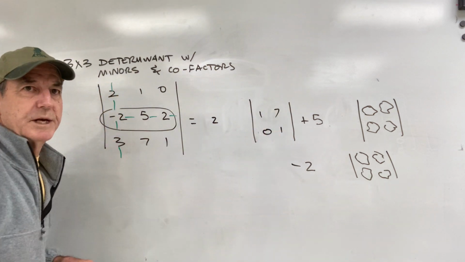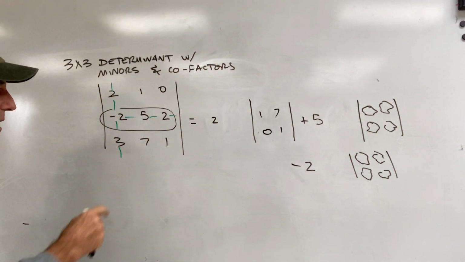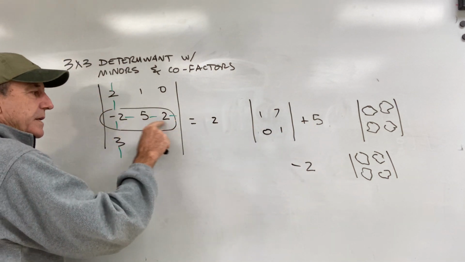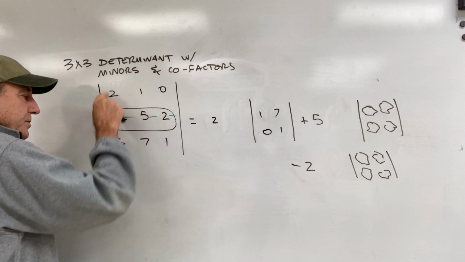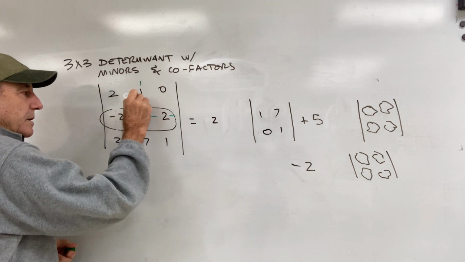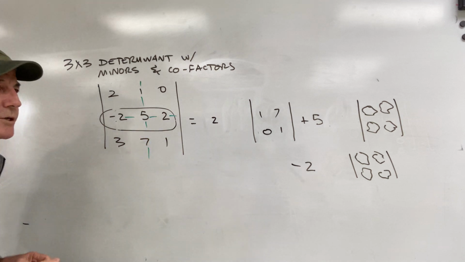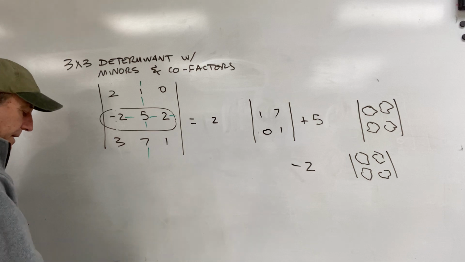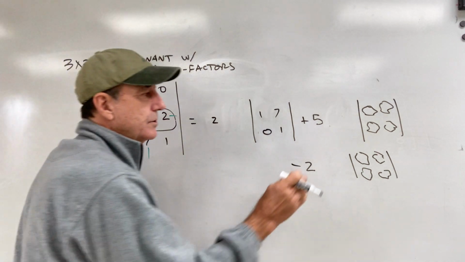So we have 2 times that determinant. For the second minor, that came from the 5. Again, we're going to mark off this row, but now we're going to mark off the first column. I'm not going to cross them out because I want to see the numbers. And the numbers that we have left are the 2, 0, 3, 1. And that's what goes over here.